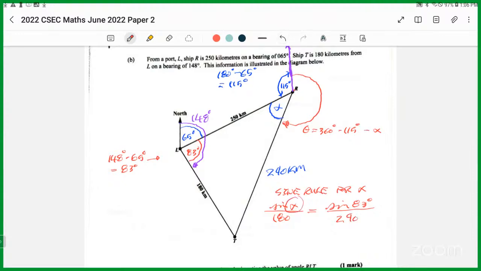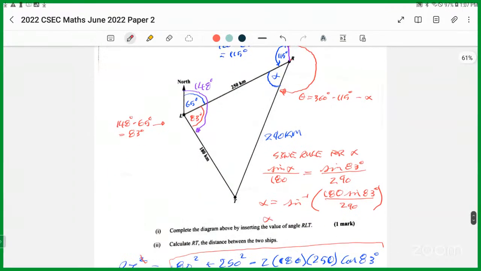Then to make alpha the subject, I'm going to take the 180, multiply it up here, and then take the inverse sine. So alpha is going to be sine to the minus 1 of 180 times sine of 83 degrees, divided by 290. And that's going to give us the alpha that we want.